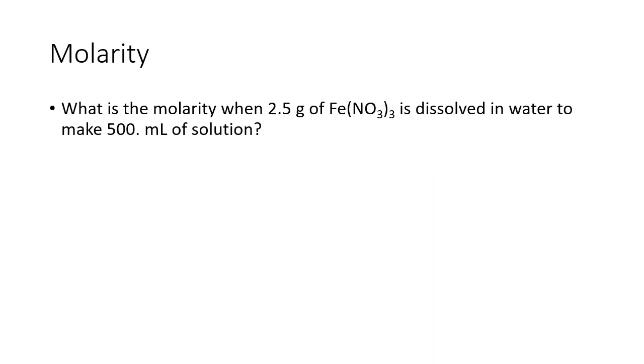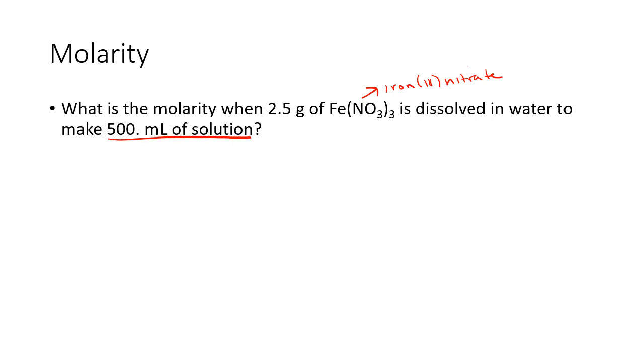This next example is actually worded more properly. It says, what is the molarity of a solution when 2.5 grams of iron(III) nitrate is dissolved in water to make 500 milliliters of solution? Now that would be the more correct representation of how to do this.